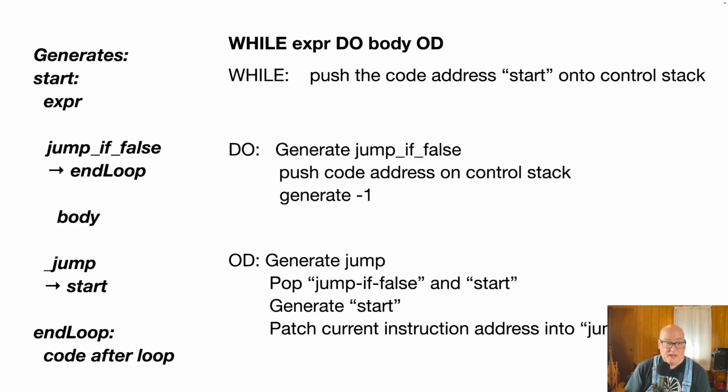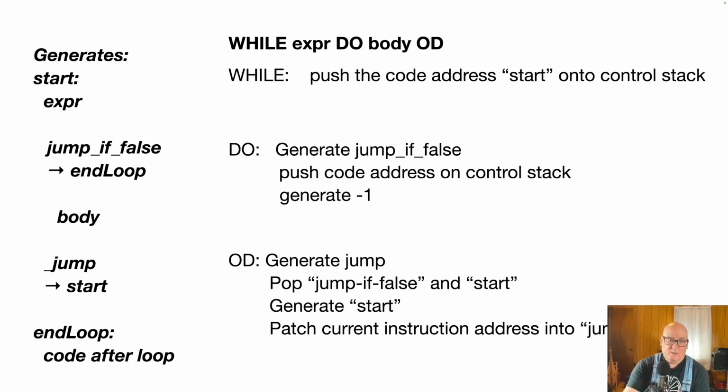We pop both of those off because we have the start address on the bottom and then the jump if false on the top. We're going to put the start in, generate that right after that jump. Okay, so it's not really backpatched because it hasn't really been written yet.